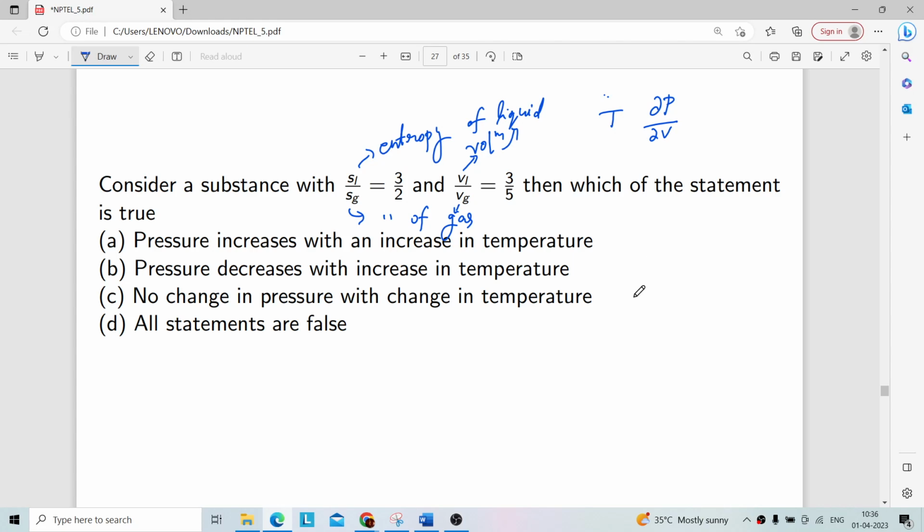In phase space, in pressure versus volume space, there will be some curves representing the behavior of the material. For material, we mean liquid or gas. We do not deal with solids.